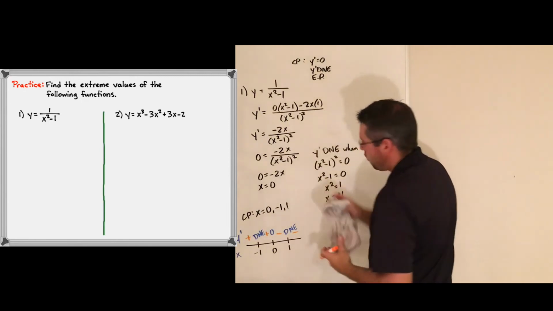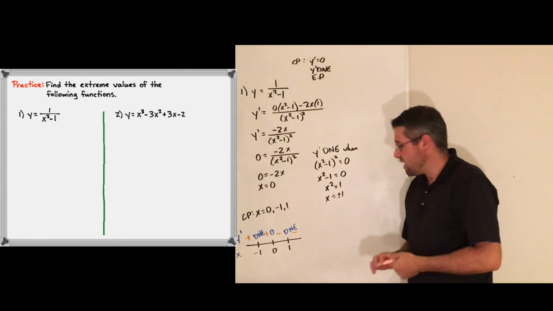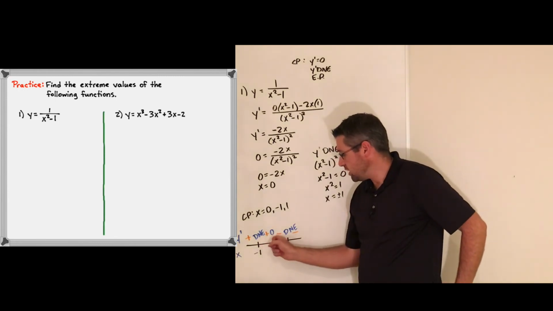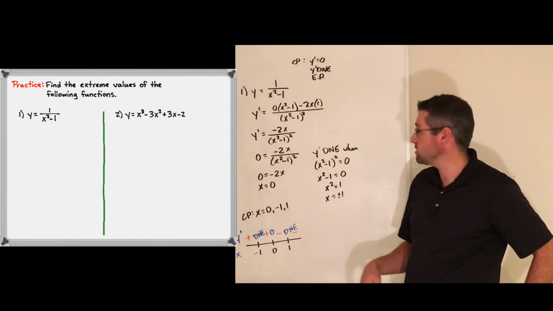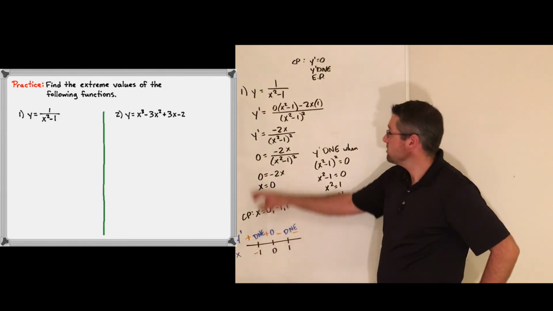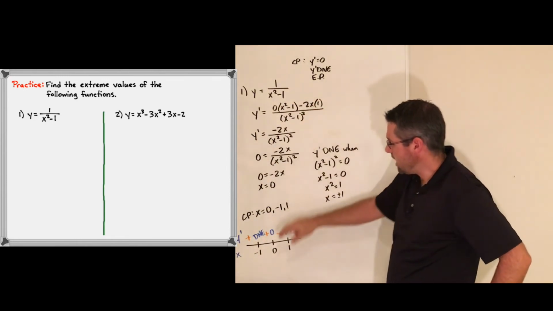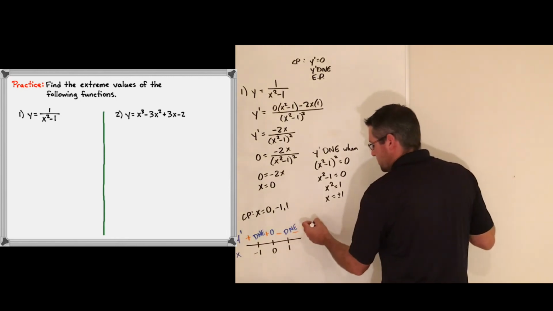In order to identify extrema, we have to understand that extrema occur when the derivative changes signs. So when x equals -1, there is no extrema because the derivative did not change signs. In fact, the function doesn't even exist there; we have a vertical asymptote. At x equals 0, we have a relative maximum.